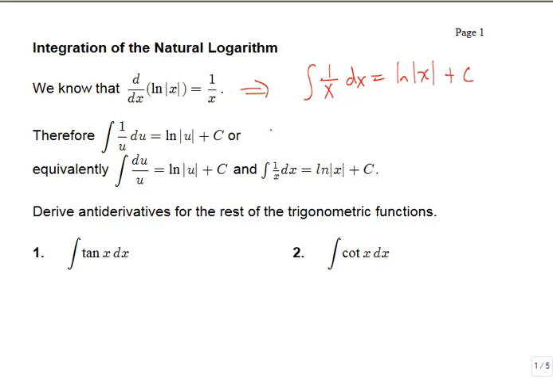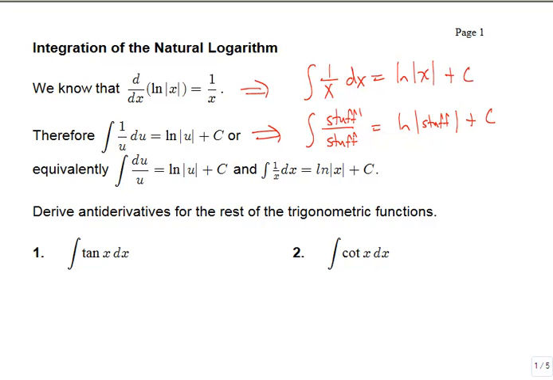Now, if you want to think of this in layman's terms, remember that we know the derivative of ln of stuff is stuff prime over stuff. So this is really the same as saying the integral of stuff prime over stuff is the ln of that stuff in the denominator plus c.